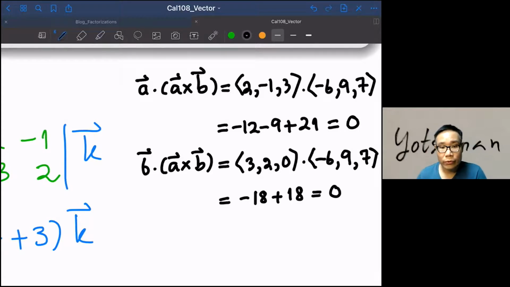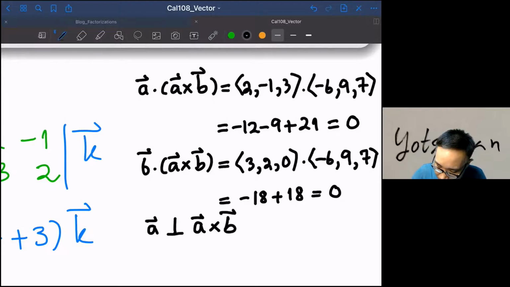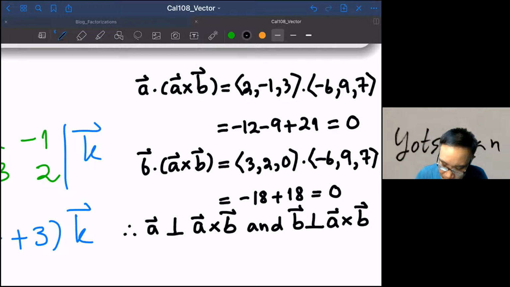So you see that A dot (A cross B) and B dot (A cross B) both equal 0. So A must be perpendicular to A cross B, and B must be perpendicular to A cross B also. So they are perpendicular like this.